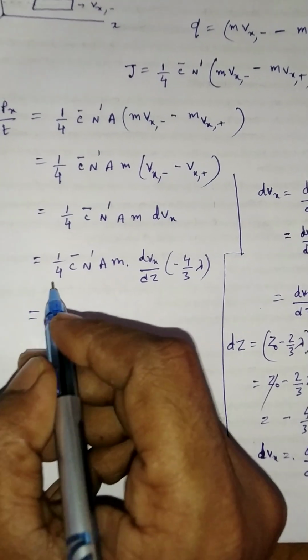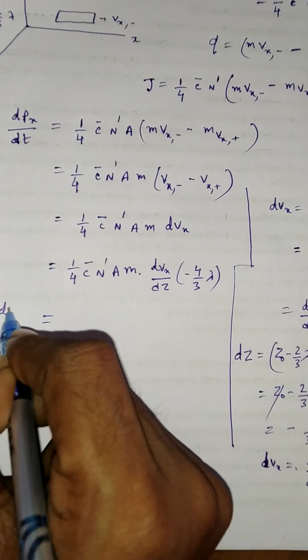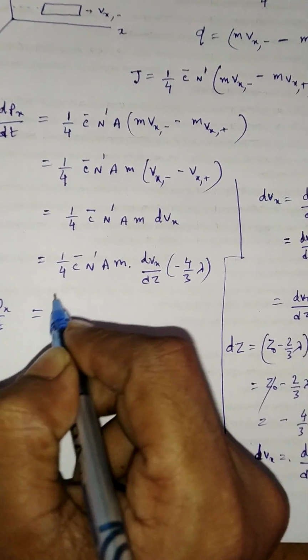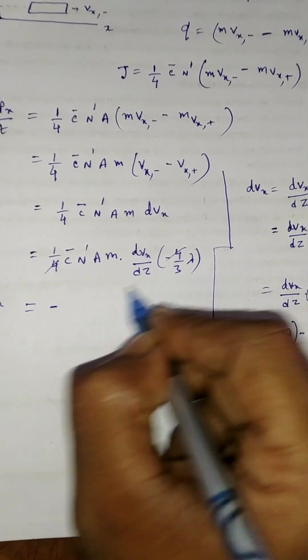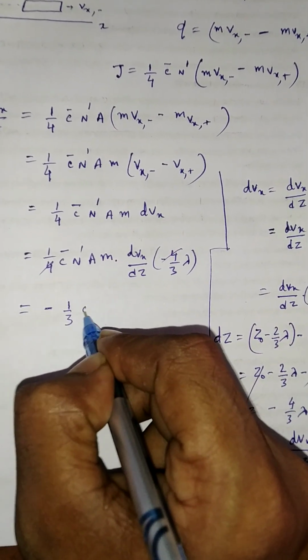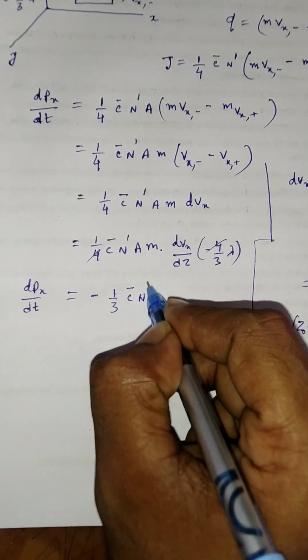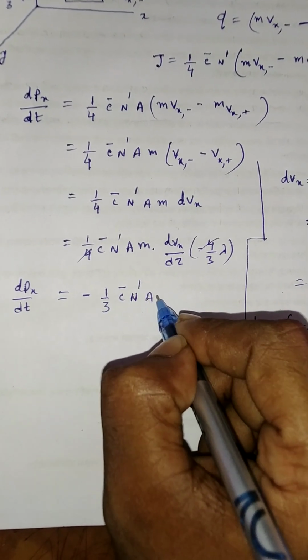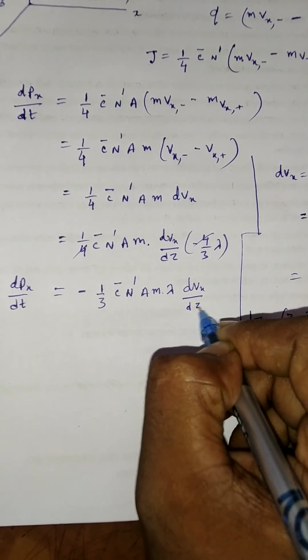So 1 by 4 C average N dash A m dVx by dz times minus 4 by 3 lambda. Now dpx by dt equals, the 4 cancels out, with a negative sign, 1 by 3 C average N dash A m lambda dVx by dz.